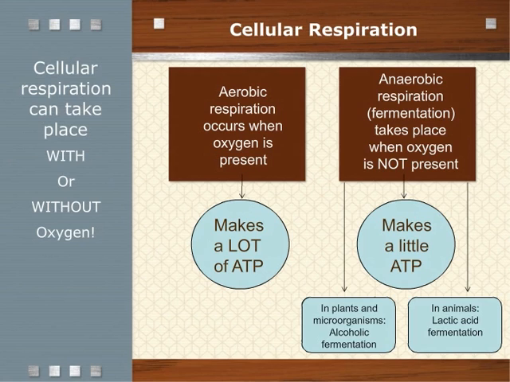And the benefit to aerobic respiration is that it makes a lot of ATP for energy. So in the box that says with oxygen, you need to record both of those things. Aerobic respiration makes a lot of ATP.